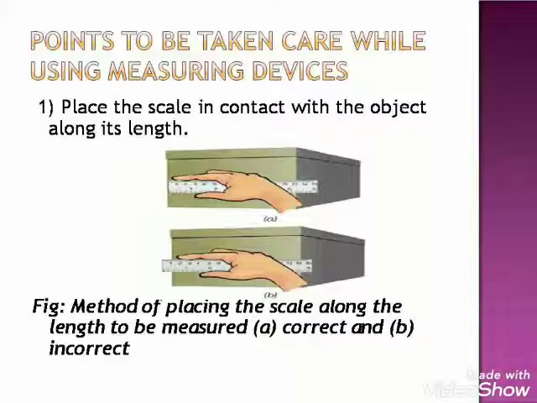Points to be taken care of while using measuring devices. There are 3 points to be taken care of while measuring. First point, place the scale in contact with the object along its length. For example, if you are measuring the length of the disc with the help of a scale, you have to keep the scale along with the object.